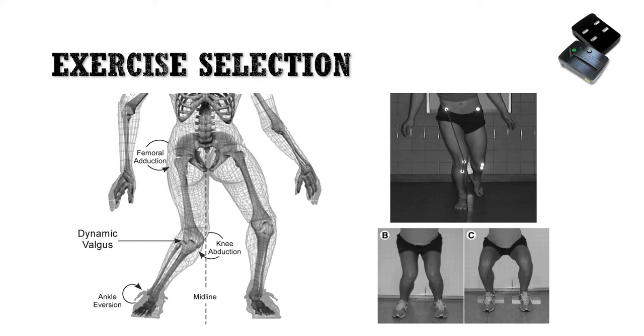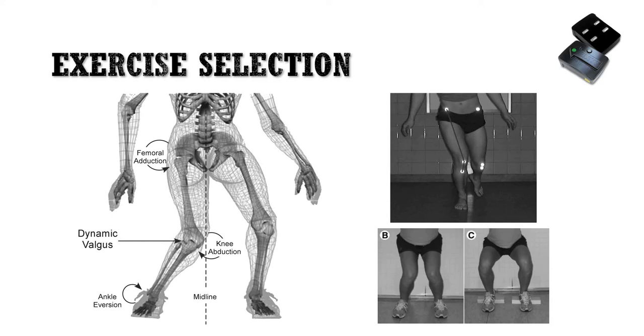In its simplest possible terms, if you look at the image here on the left, the skeletal figure, knee valgus simply involves the knee, the tibiofemoral joint, moving closer to the midline of the body, represented by that dashed line going down the middle of the image, whenever knee flexion is performed.